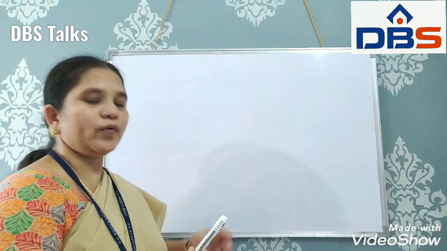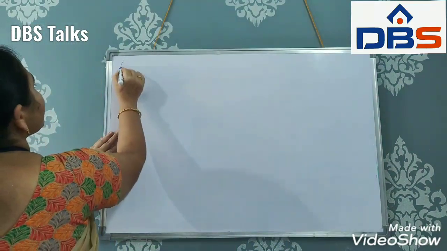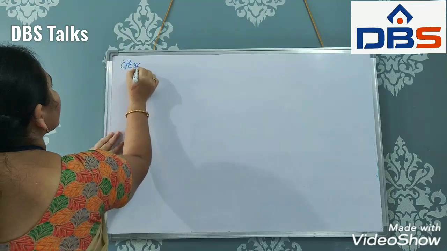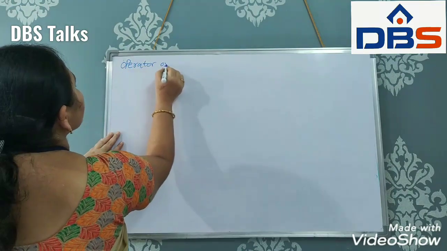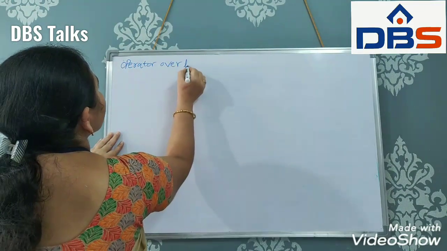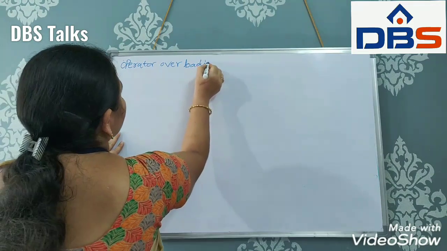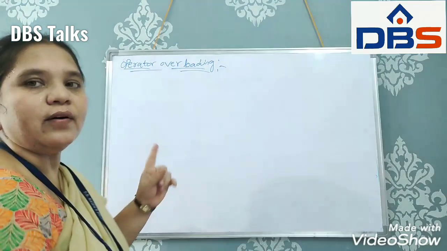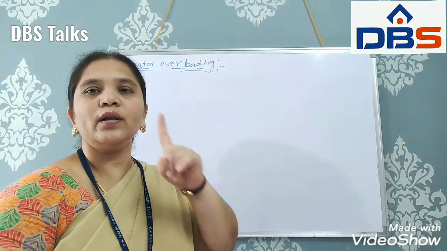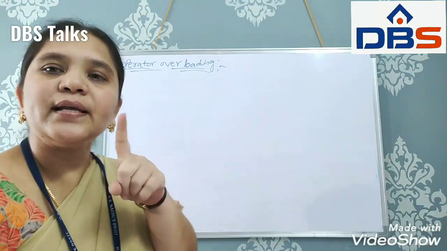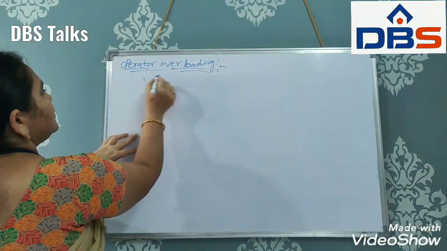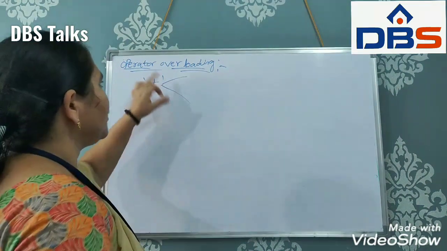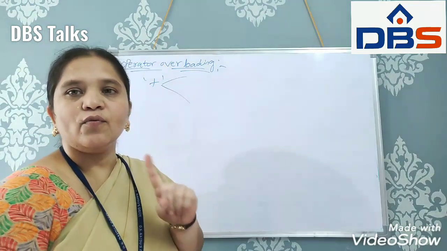Next, the third category: operator overloading. Which operator are we using in Java to perform operator overloading? Only a single operator, that is the plus operator. We use this plus operator to perform operator overloading.